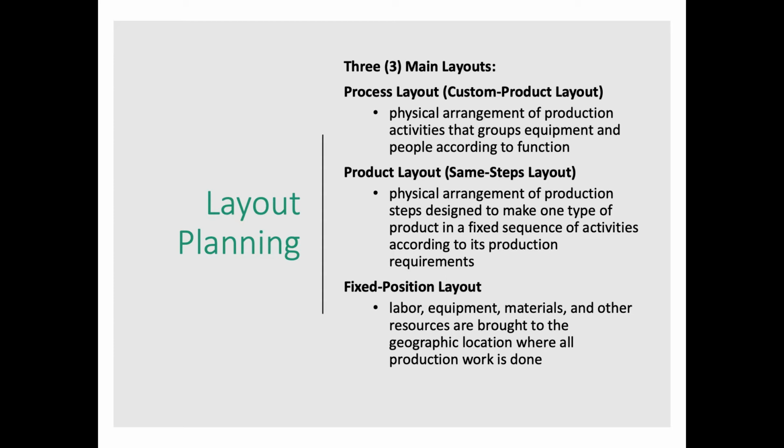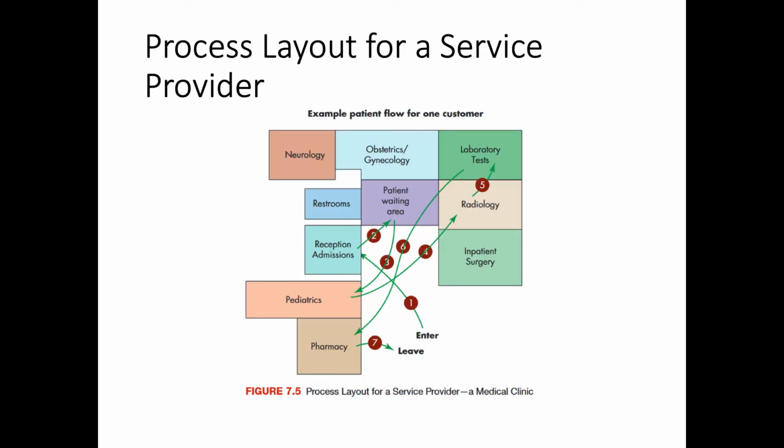Process layout groups equipment and people according to function. There's the product layout, which is a lot like an assembly line when you're building lots of the same type of product. And then there is the fixed position layout where everything comes to one location. We'll talk about examples of that and how those might look now in the next couple of slides.